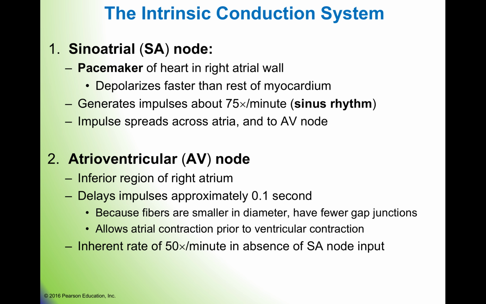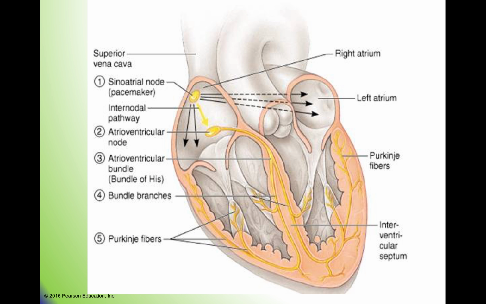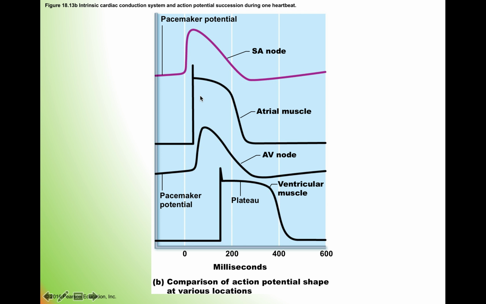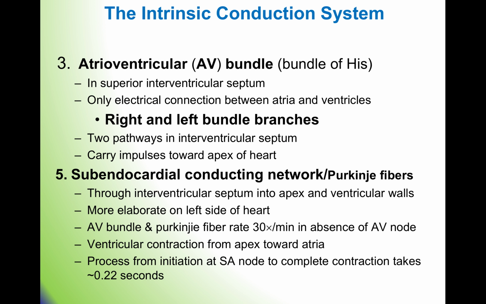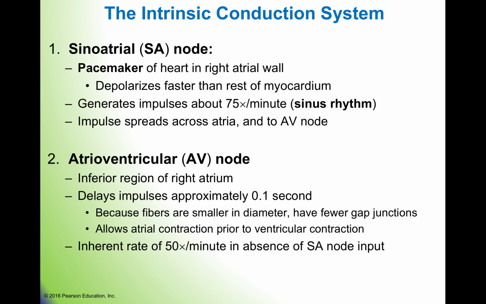The sinoatrial node is located on the most superior aspect of your right atrium, which is right up here. This is your sinoatrial node, and this is known as the pacemaker of the heart, which is basically going to create about 75 electrical impulses per minute. And remember that electrical impulses of the non-contractile cells eventually lead to muscle contraction.